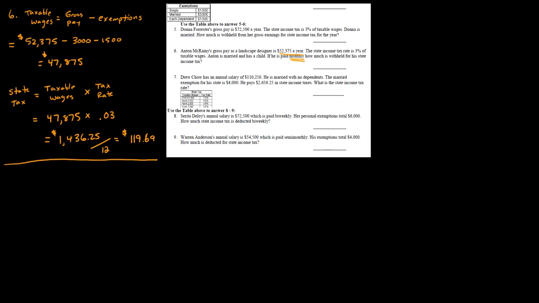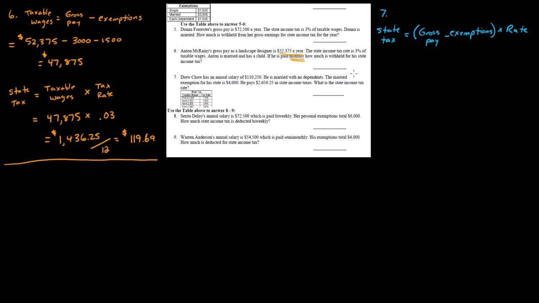If we look down to number 7, it's one of those problems where it asks us to find the missing amount. The state tax is equal to the gross pay minus the exemptions, times the tax rate.